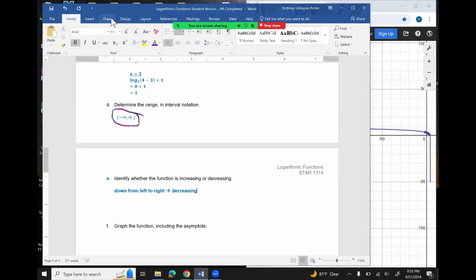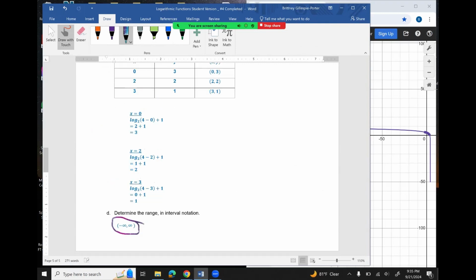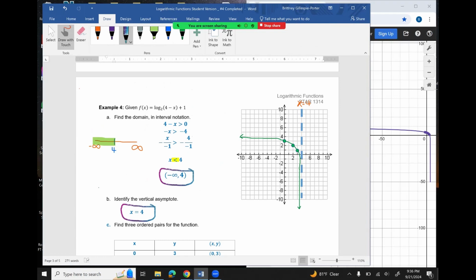And then we were asked to graph it, including the asymptote, which we already did. So make sure that you label your asymptote. Ours was x equal to 4, and it is vertical because your log functions will always have vertical asymptotes. And here you can see that our range will be negative infinity and positive infinity because we're going to hit all of the negative y values and eventually all the positive y values.